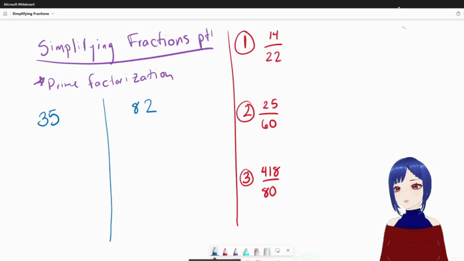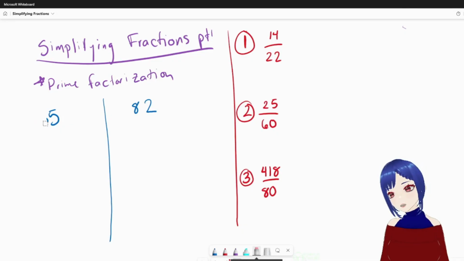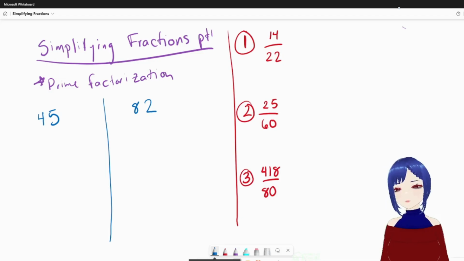So I'm going to change the 35, well, to a 45. So what we do with these is there's a few ways to get it taken care of. We take a look at our number and see what factors we think of right off the bat.